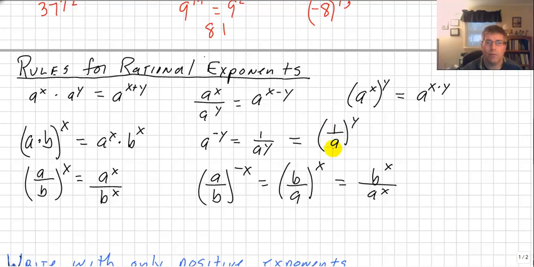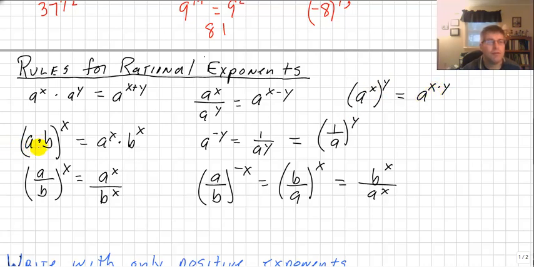Which is the same as 1 over a all raised to the y power. Let's go to a power raised to a power. So here we have base a to the x all raised to the y. So we have power raised to a power, so we multiply our exponents.